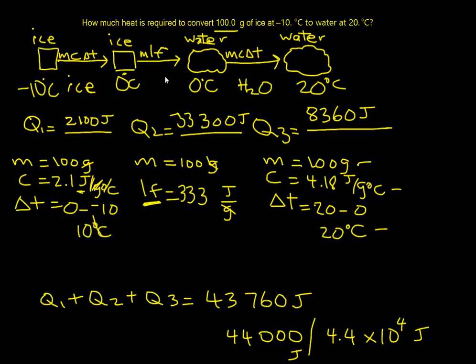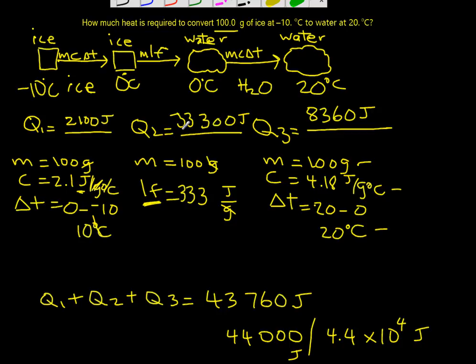We look at our melting process, our latent heat of fusion. Again, that is just a constant, okay? That is a constant, and in this case, it's 333 joules over grams. And what that represents is how much heat energy, 333 joules of heat energy, is required to melt 1 gram of ice.